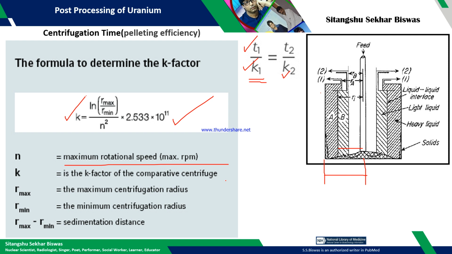Very quickly you can achieve equilibrium, and that is say K1 and T1. Now you take the mixture of liquids whose densities are very close, and from there you find out the K2, and if you put those values in this formula, then you will obtain the T2. That much time you rotate the centrifuge, you will achieve equilibrium.